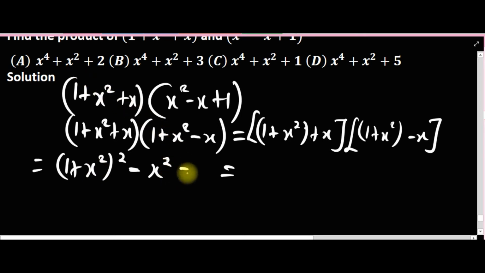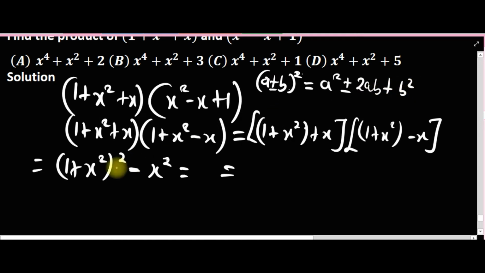Okay, and we can now expand the bracket. If you have anything of this form, you can expand it as a squared, plus or minus the product of 2a and b, and finally b squared. So I'll use it here.